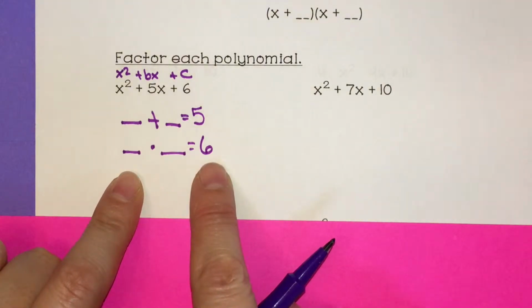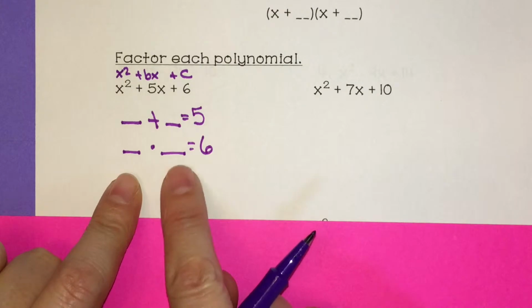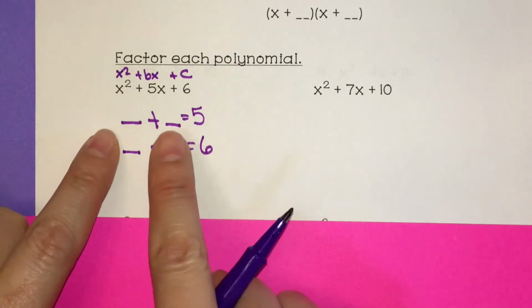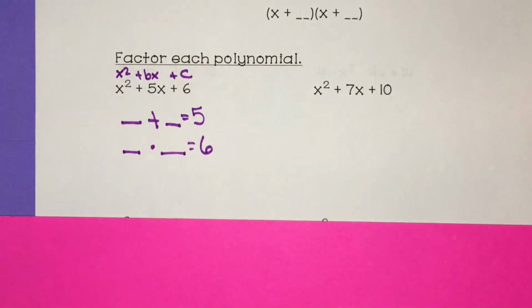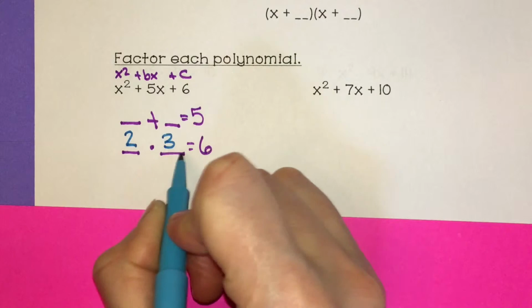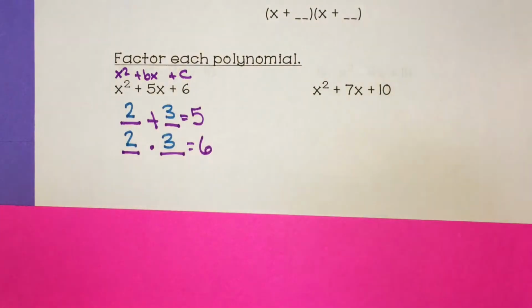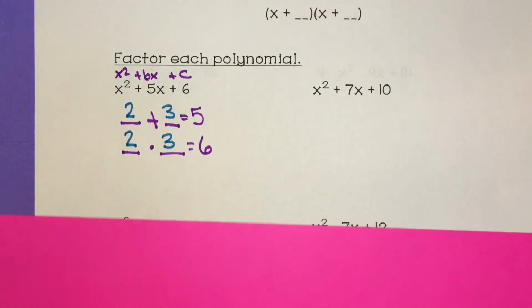Well, 6 times 1 gives me 6, but 6 plus 1 is not 5. 2 times 3 is 6, and 2 plus 3 is 5. So they have to be the same numbers. So I know that 2 times 3 is going to give me 6, and 2 plus 3 gives me 5. So I found my two numbers, 2 and 3.